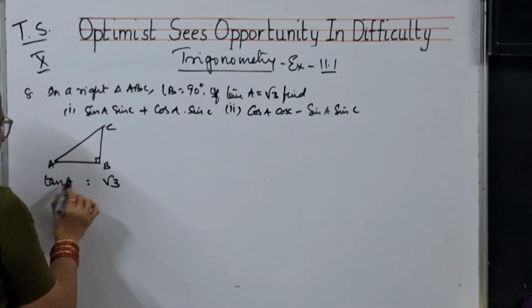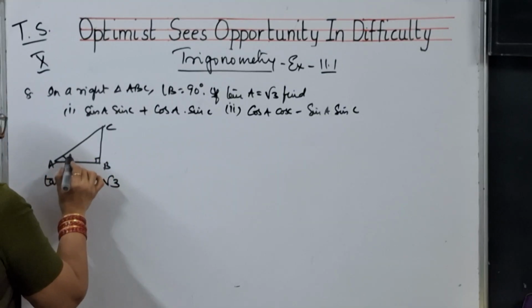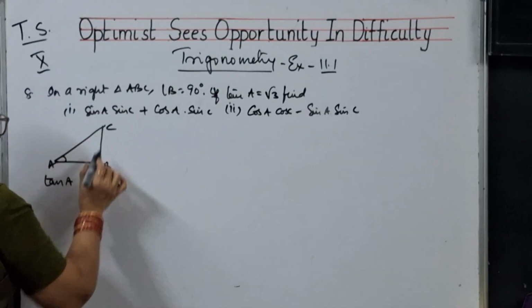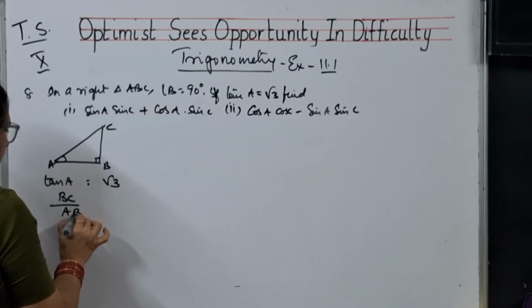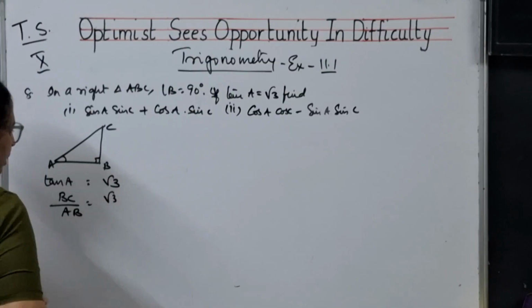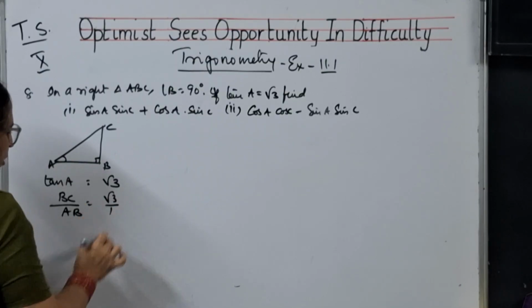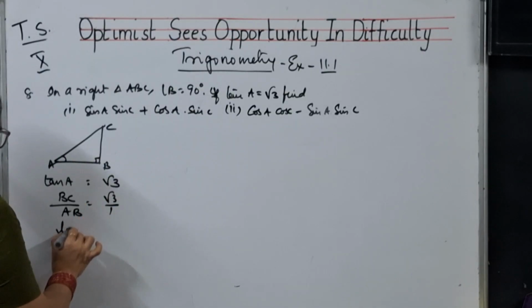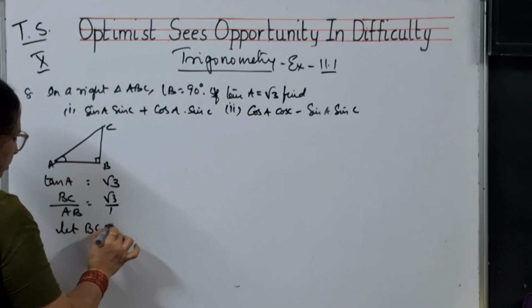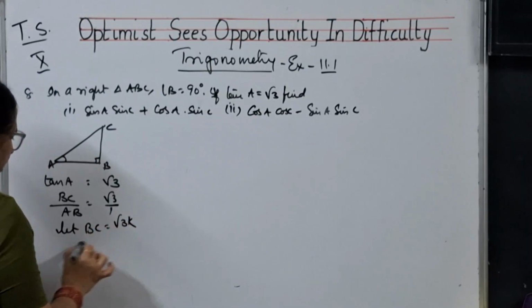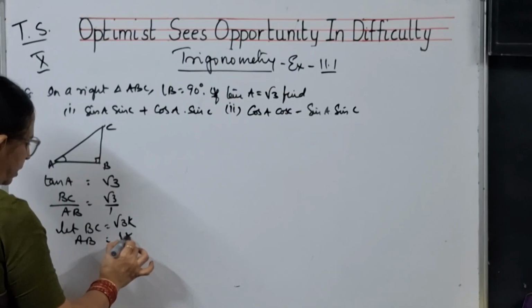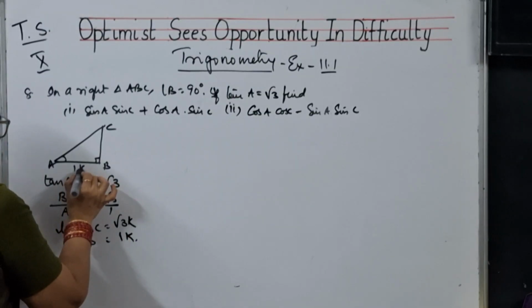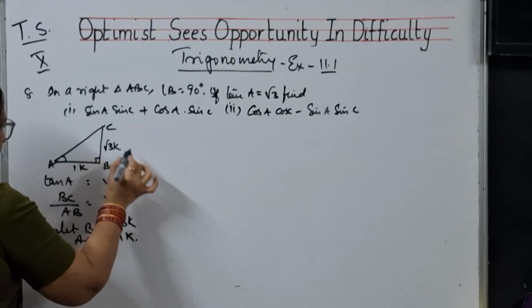Tan A is opposite side BC by adjacent side AB, equal to root 3. So let us consider BC is equal to root 3k and AB is equal to 1k.